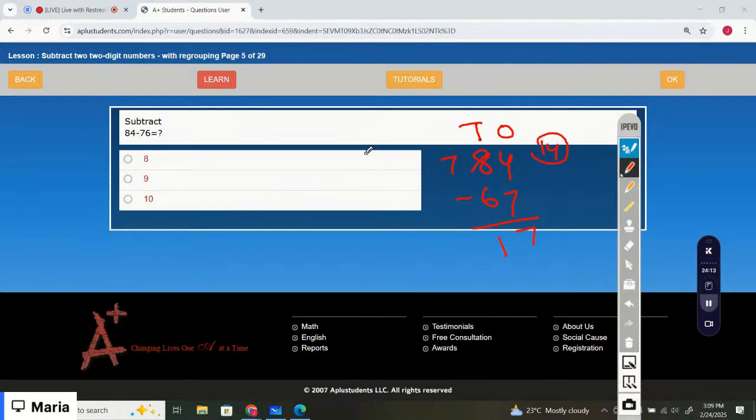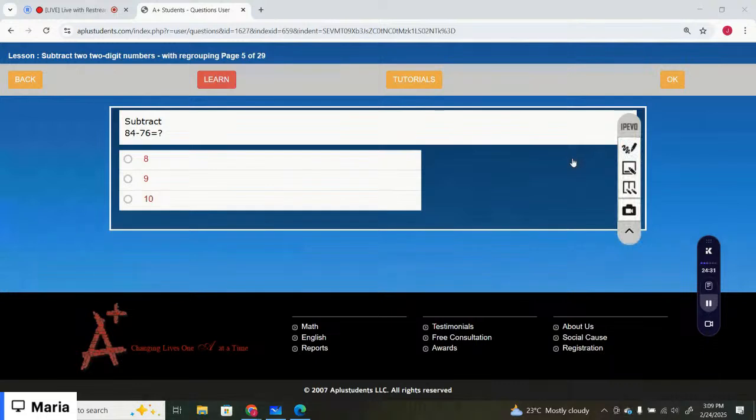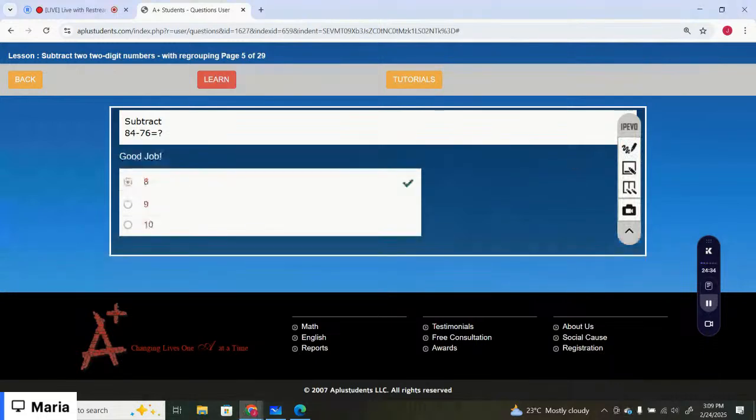That is 76. Sorry. 84 take away 76. 14 take away 6 is 8 and 7 take away 7 is 0. That is 8. Option number 1 is the correct option.